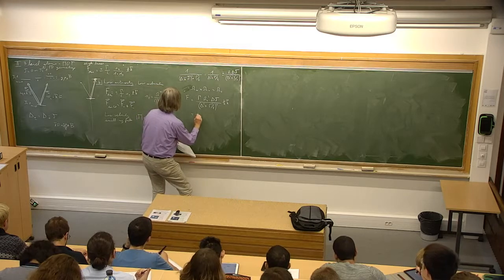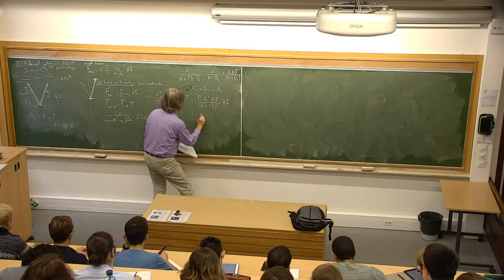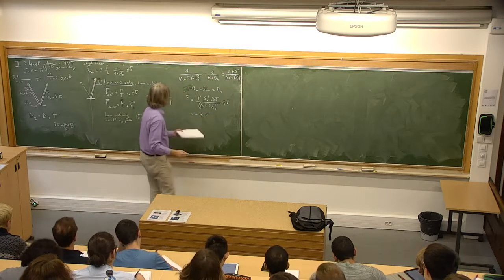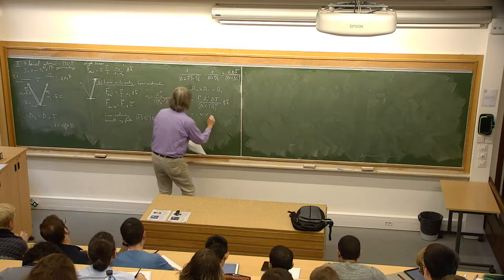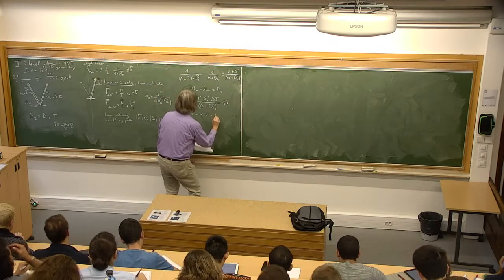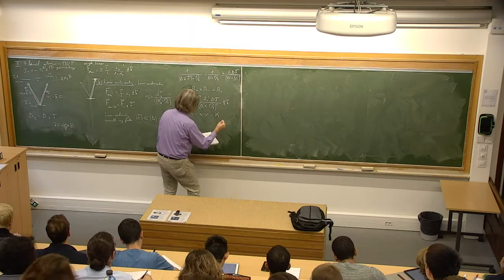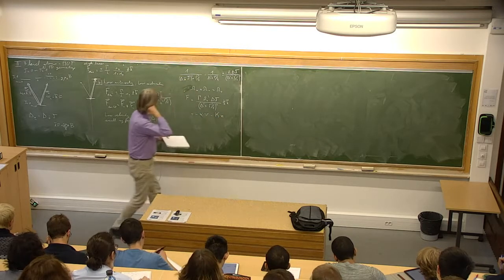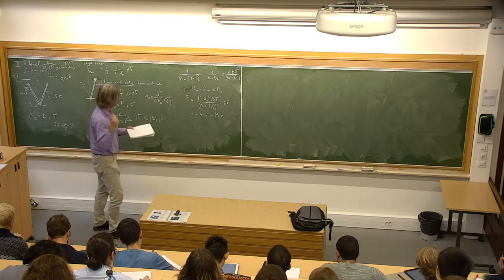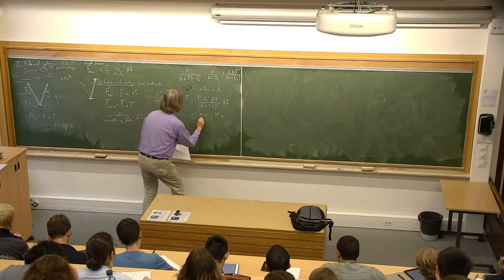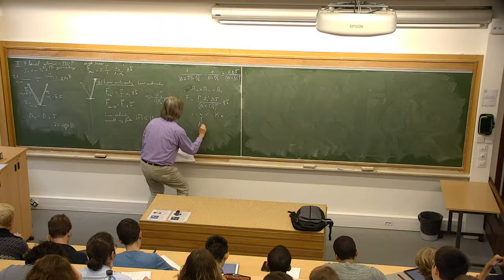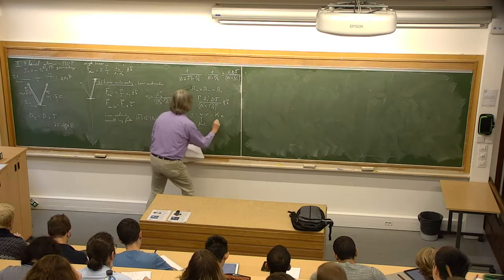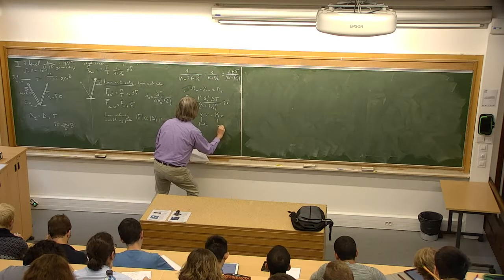Usually you write that as a friction coefficient times the velocity and a restoring spring constant times z, the position. So this is the friction and this is the spring.